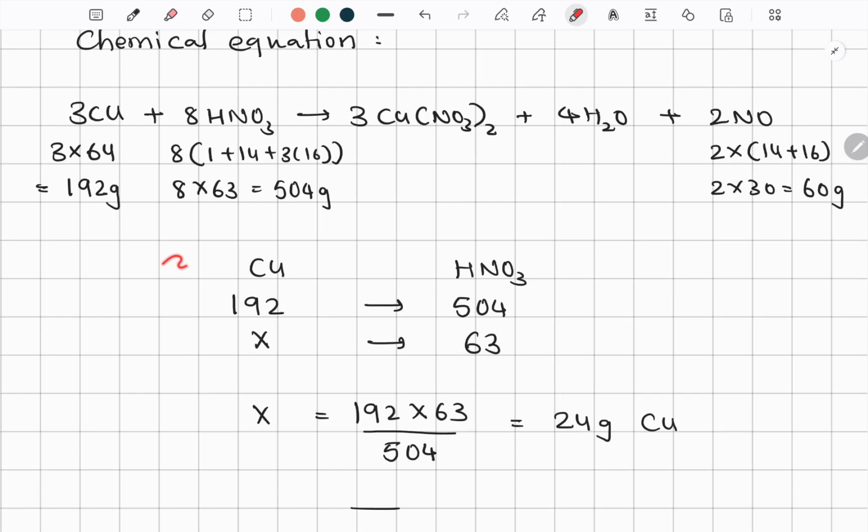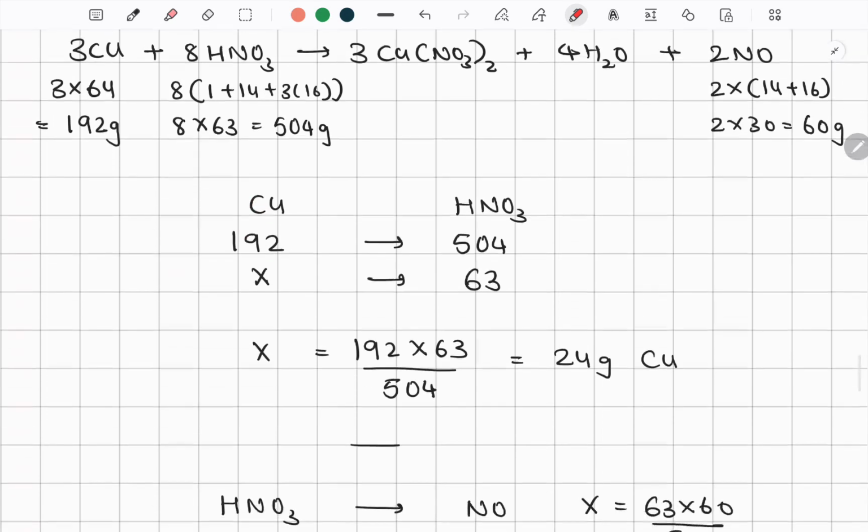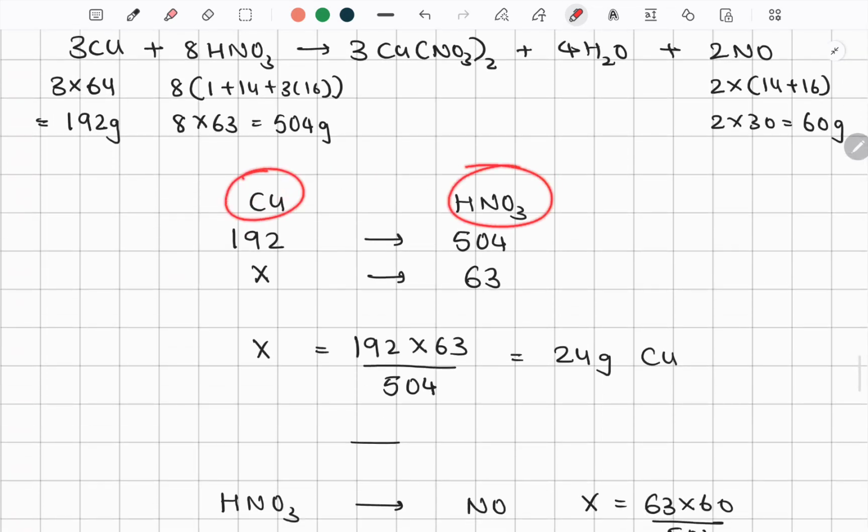In solving the first part, we used the unitary method for the copper and nitric acid. We said that if 192 gram of copper needs 504 gram of nitric acid, then x gram of copper will be required for 63 gram of nitric acid, and we got the answer of 24 gram of copper.